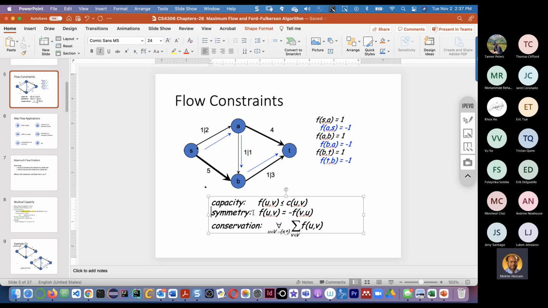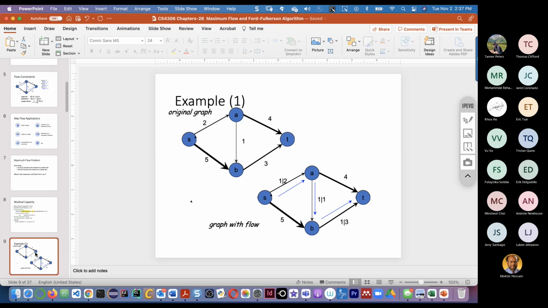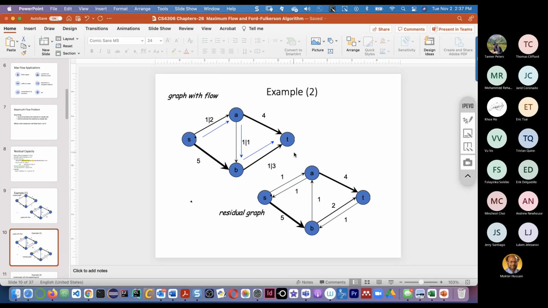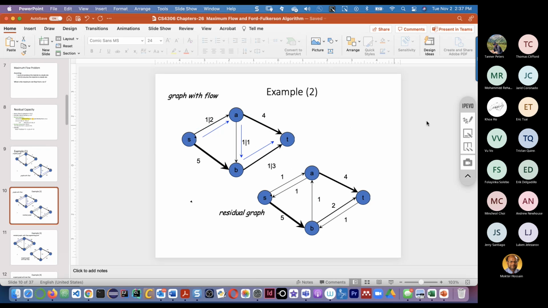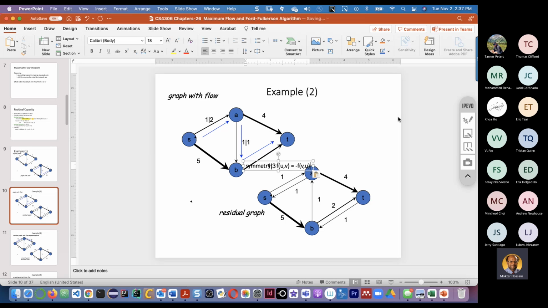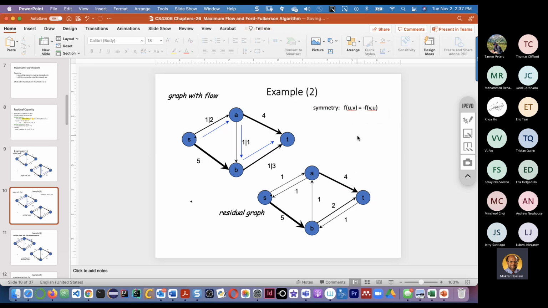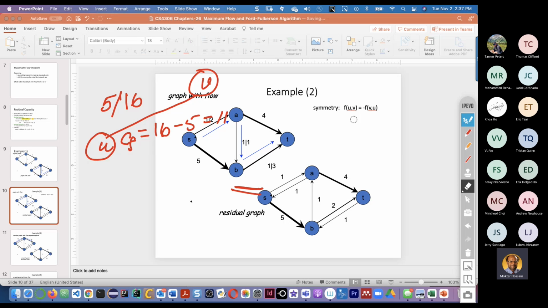So this is symmetry. The symmetry property is f of u to v equal to negative f of v to u. So here that means this is negative.